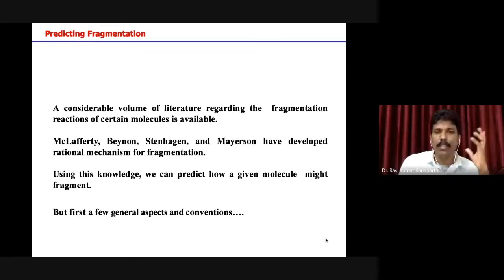Now, there is a huge amount of literature, especially from people trying to understand the fragmentation pattern of organic molecules, so as to understand and interpret the molecular structure. People like McLafferty, Budzikiewicz, Stenhagen, and Meyerson basically developed a lot of general principles, and they studied a series of compounds of the same kind, alkanes, alkenes, etc. Finally they came up with some general observations which we are studying.